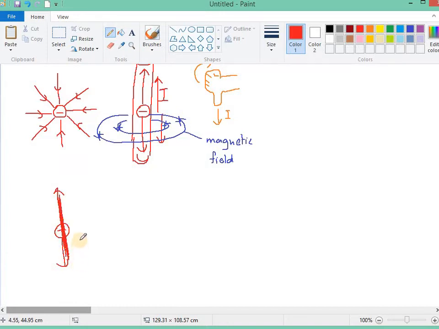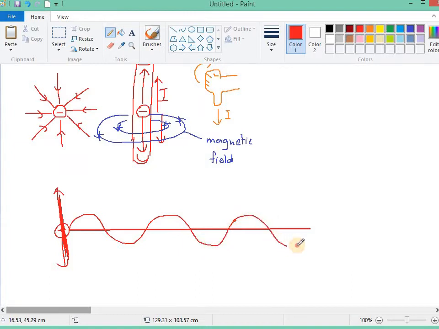What will happen is the electric field will oscillate also, going up and down. This line that represents the electric field will oscillate up and down.